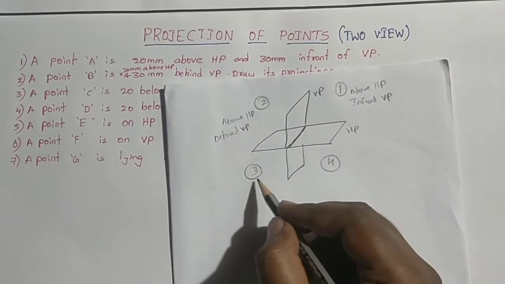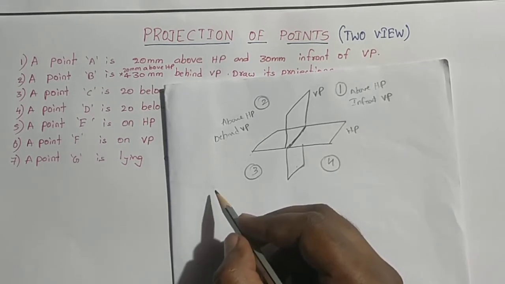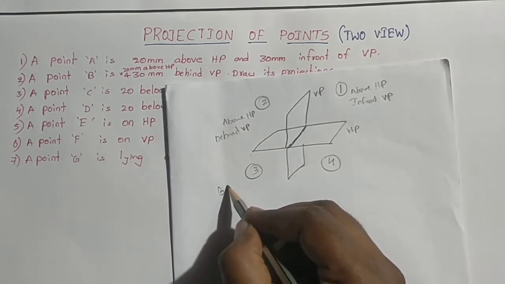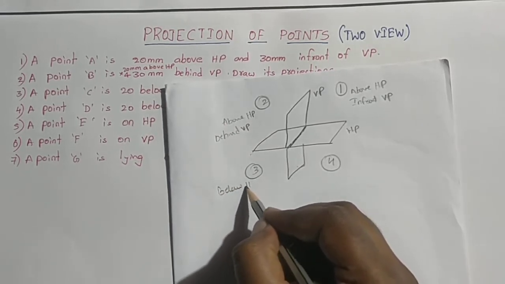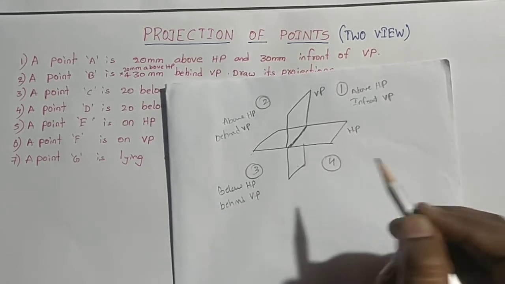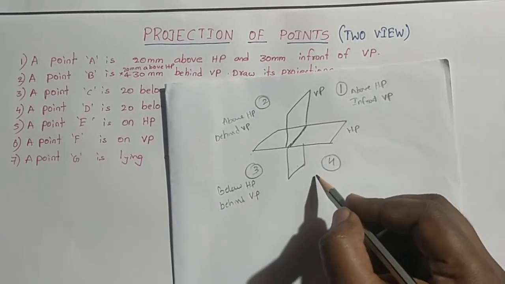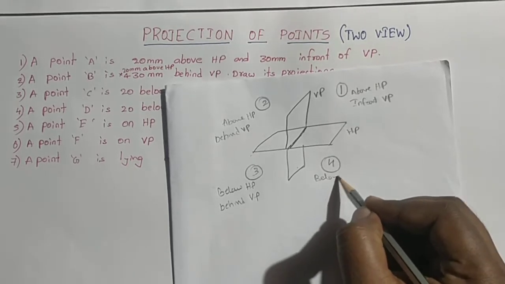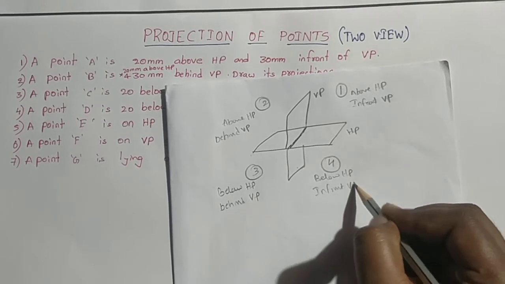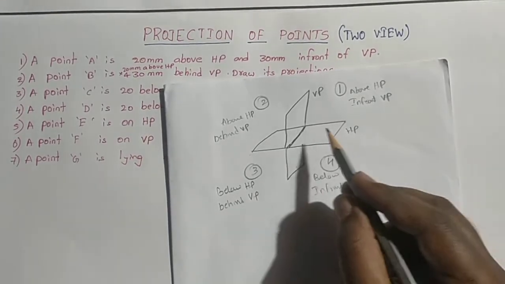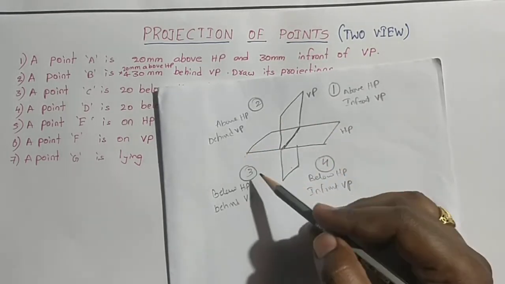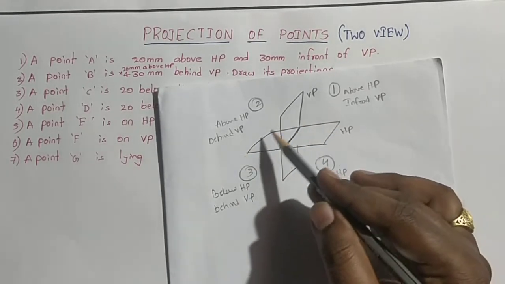Next, coming to the third quadrant, the condition is below HP, behind VP. In the fourth quadrant, below HP, in front of VP. It is the quadrants theory, first quadrant, second, third, fourth. These are the conditions in the 4 quadrants.